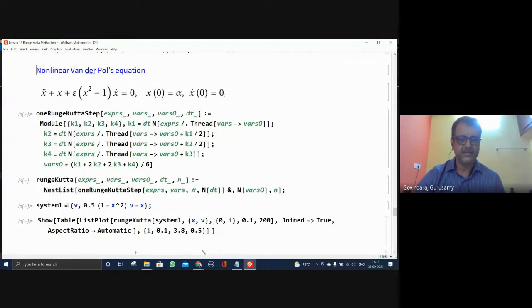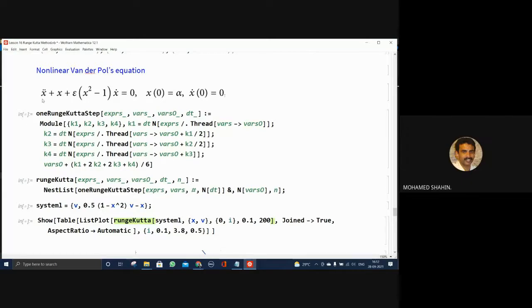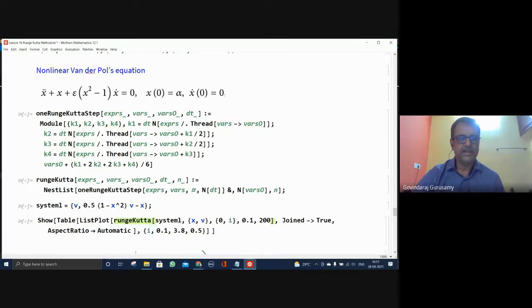Just change this. The system is now this. You can see this is dV by dt, which is a second order differential equation that can be converted into first order form.